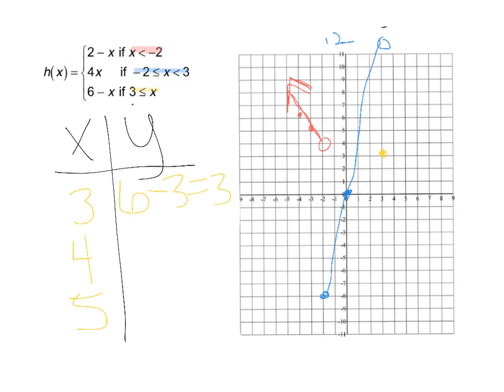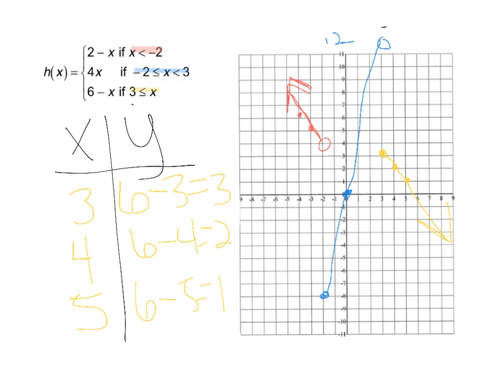Then I would plug in 4, and I have 6 minus 4, which gives me 2, and I have the point (4, 2). And then if I plug in 5, I have 6 minus 5, which is equal to 1, so I have the point (5, 1). And I'm going to connect those points and draw an arrow on the end because my function continues past the point (5, 1).